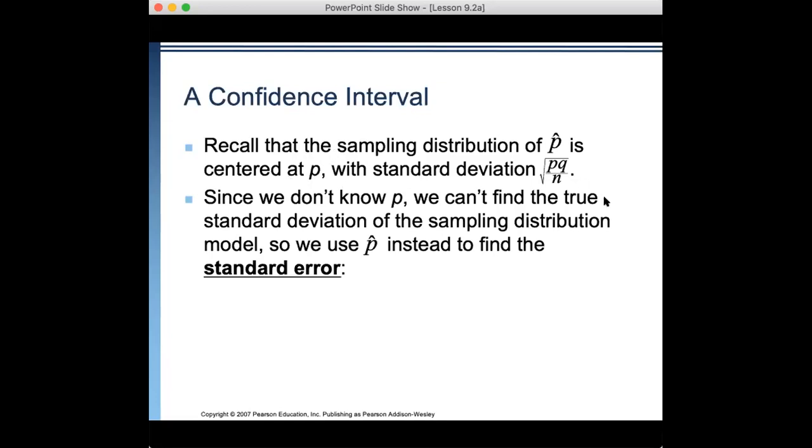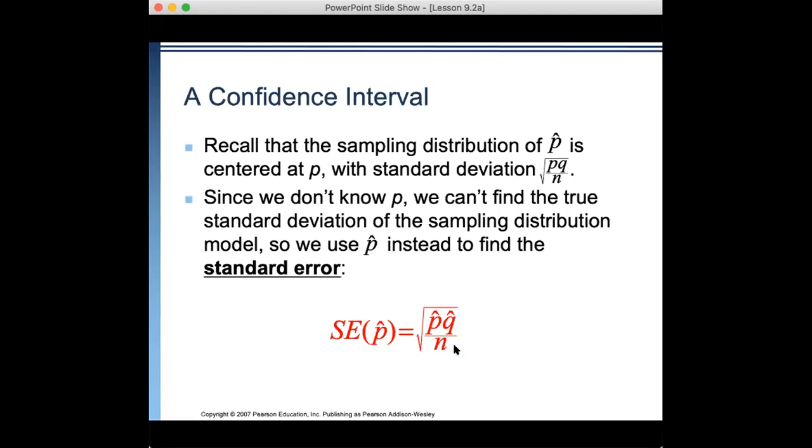But we have a point estimate, right? From the last lesson, we have a point estimate of that p, which is p hat, the sample proportion. So when we use the sample proportion in the standard deviation formula, we get the square root of p hat q hat over n.